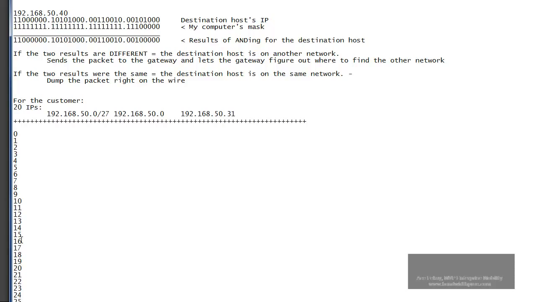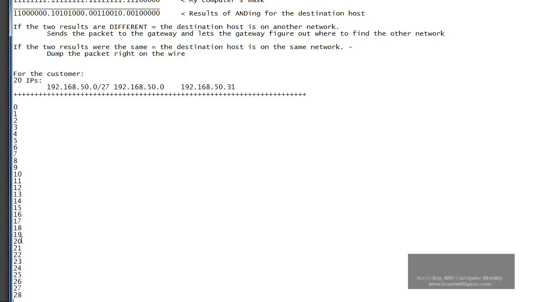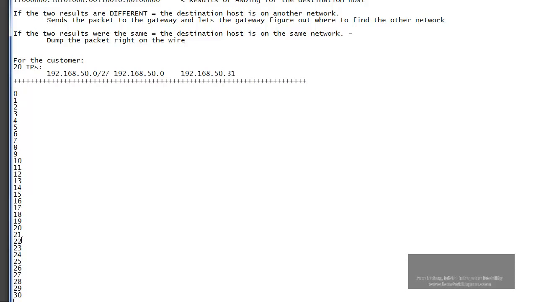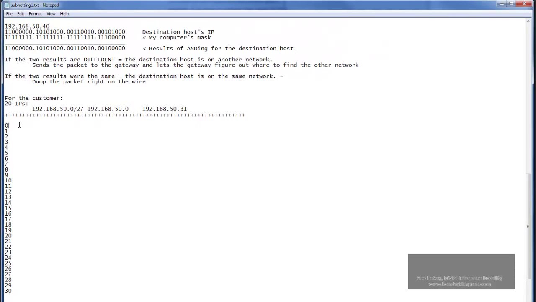Trying to do it too fast here. We're going to say this is decimal, and this is hex.